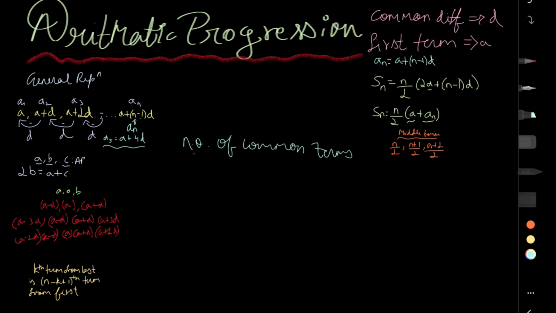If they are giving us 2 APs, that is AP1 and AP2, this will be something, this will be something. And this is the common difference D1 and this is the common difference D2.